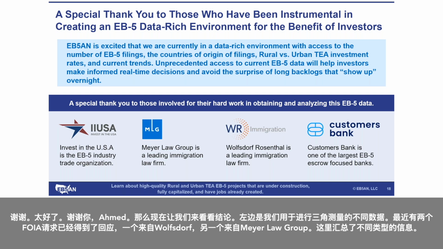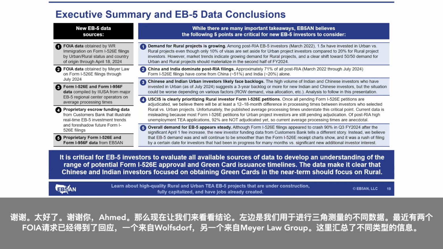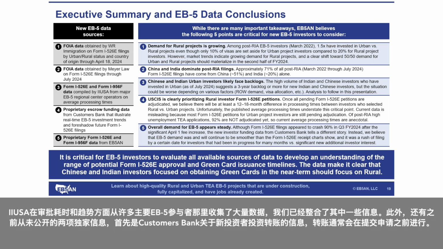Great, perfect. Thanks, Ahmed. So let's dive into some of the conclusions. On the left here are the different pieces of data that we use to triangulate. There have been two recent FOIA requests that have been provided, the one from Wolfstorf and from Meyer Law Group. Different types of information are consolidated here. IIUSA did a great job of gathering a lot of data from many of the major EB-5 players in terms of approval timelines and trends, and we've incorporated some of that information.